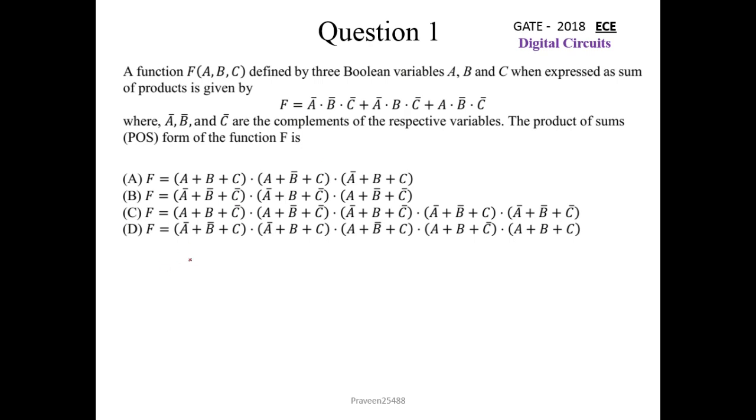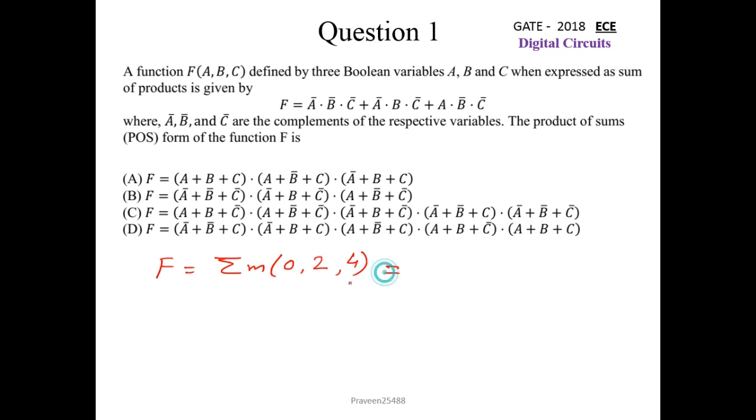So here min terms are given. F is equal to summation of min terms, and this a bar, b bar, c bar represents 0 0 0, means this first combination 0. A bar, b, c bar represents 0 1 0, means 2, and this is a, b bar, c bar, means 1 0 0, that is 4.